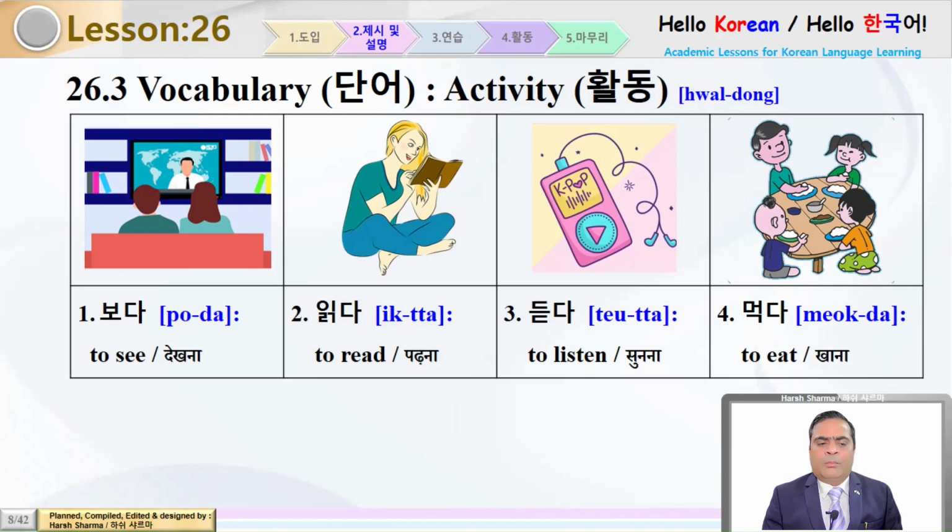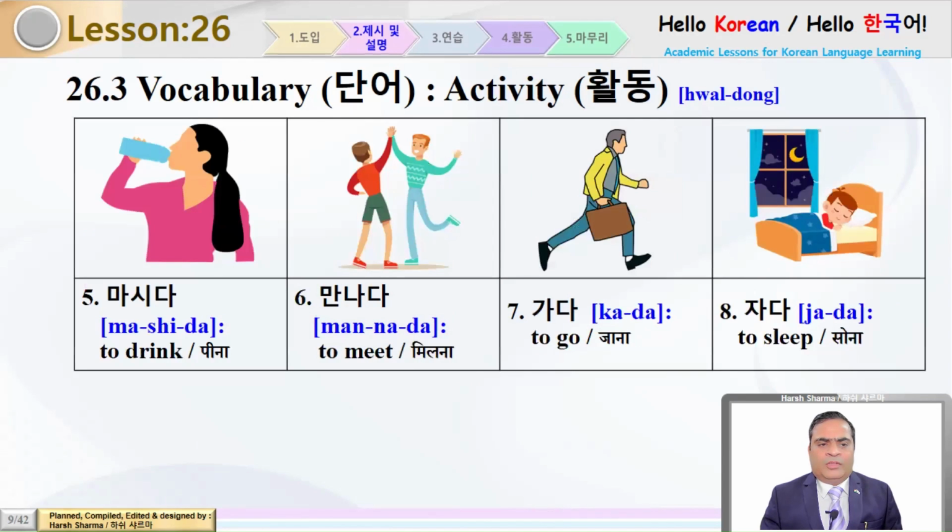Number 4, 먹다. Well done. Number 5, 마시다. Number 6, 만나다. Number 7, 가다. And number 8, 사다.